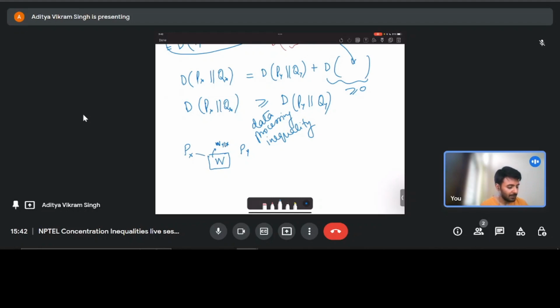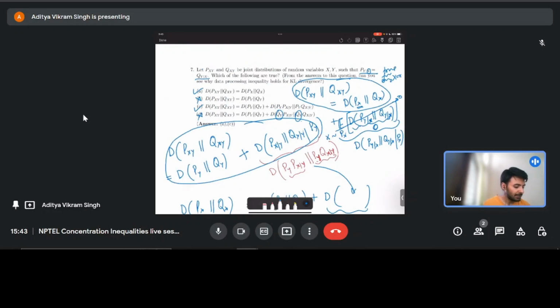So P_X comes here and we get P_Y, and similarly if Q_X comes here we get Q_Y. And what the data processing inequality says is that the distance on the left is greater than the distance on the right. When you pass it through something, you are averaging things out, and that reduces the distance for information theoretic quantities.